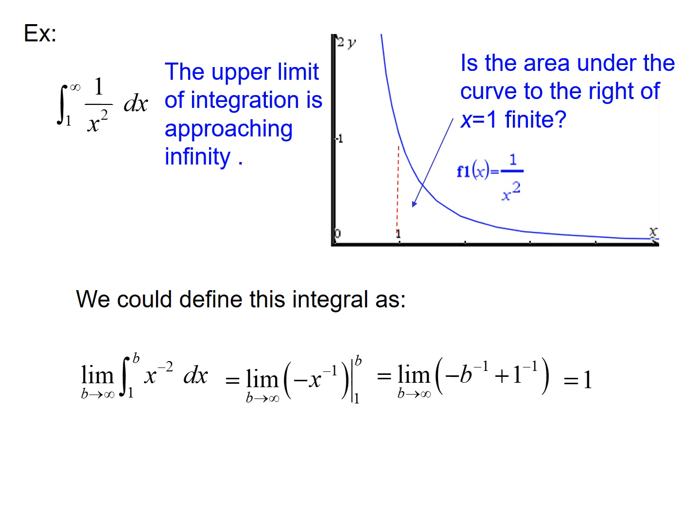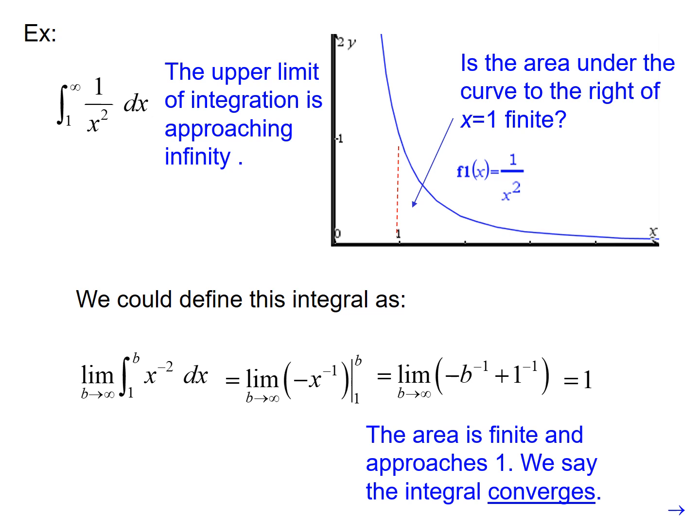So this thing approaches 1, which is kind of a cool result, that we found the area underneath the curve from 1 to infinity equals 1, meaning even though we go farther and farther out to the right, getting bigger and bigger, the area underneath that curve just gets closer and closer to 1. If we take the integral of a function that approaches infinity and it gives us a constant, we say that that integral converges. In this case, it converges to 1.